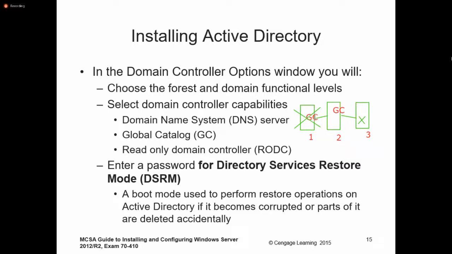Now in the case this one fails, this can work as a standalone server. It doesn't need this one also. But the third one, since it's not a global catalog, needs some other server with a global catalog. Otherwise, it will not function as a domain controller, right? So that is the global catalog.